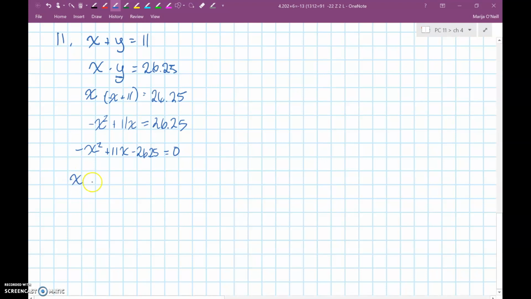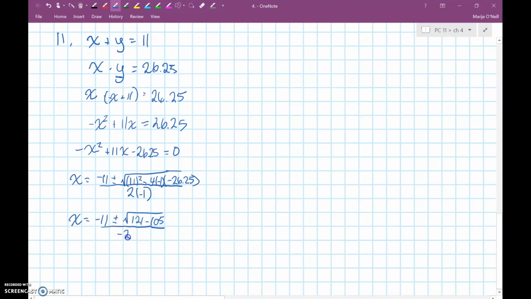So it's x equals negative 11 plus or minus the square root of 11 squared minus 4 times negative 1 times negative 26.25, over 2 times negative 1. x equals negative 11 plus or minus the square root of 121 minus 105, over negative 2. x equals negative 11 plus or minus the square root of 16 over negative 2.